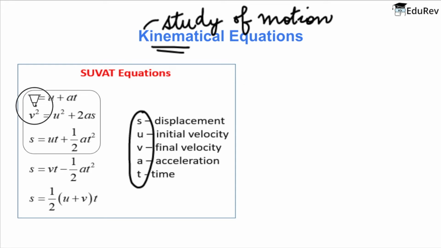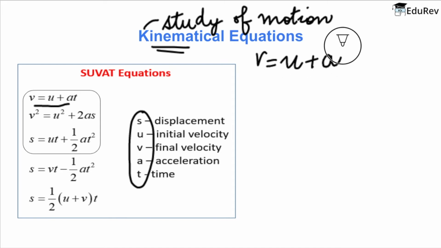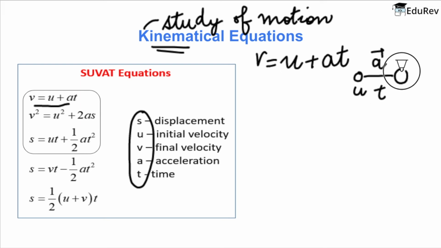So our first equation is v is equal to u plus at. Which means that if a body starts with the velocity u, the initial velocity, and is given an acceleration a under time t, then from this equation we can calculate the final velocity after time t.